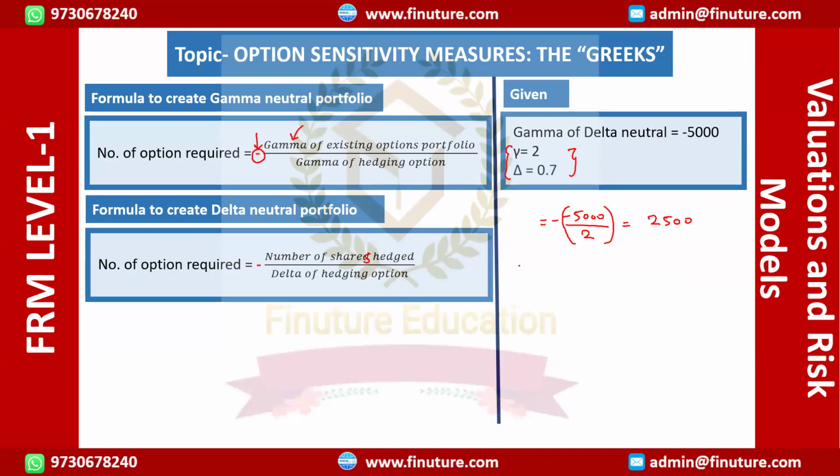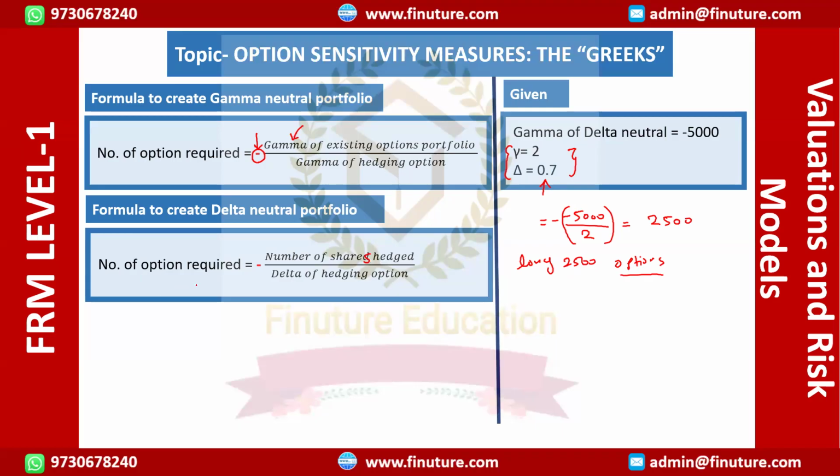That means you will go long 2,500 options to make your position gamma neutral. But what will happen, because the option that you used for making your portfolio gamma neutral has a delta of 0.7, it will distort your delta neutralness. Initially, your portfolio was delta neutral, but because you used options to make it gamma neutral as well, that distorted the delta part also.